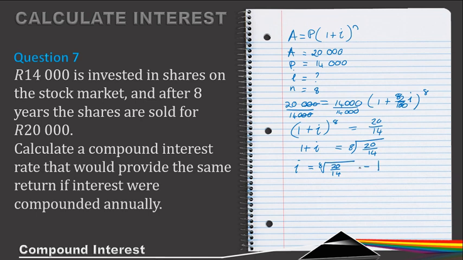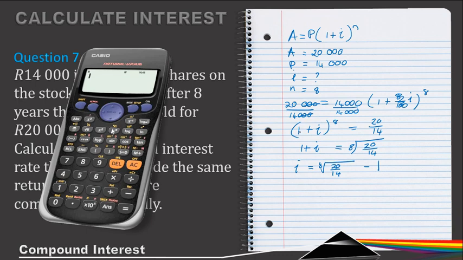Okay, just be careful when you type it into your calculator that you don't put the minus 1 underneath the root. So typing it in, we have our root. So that's the 8, the fraction, and then make sure that you go outside of it by going right. So this is 0,045559.